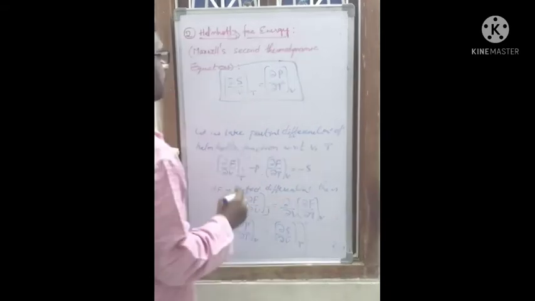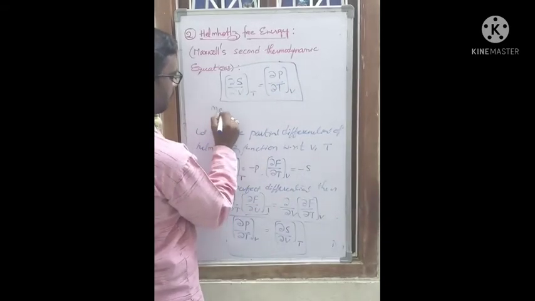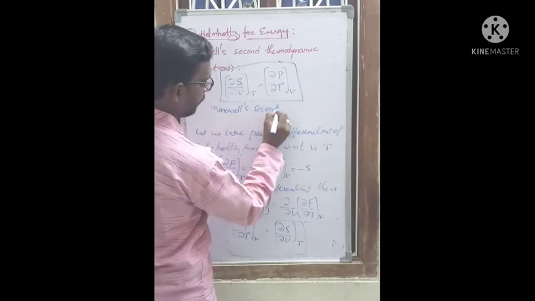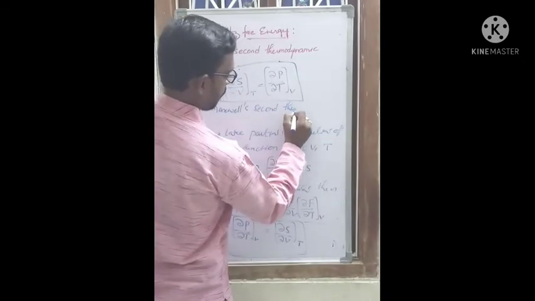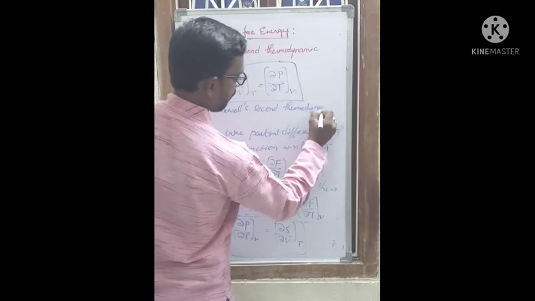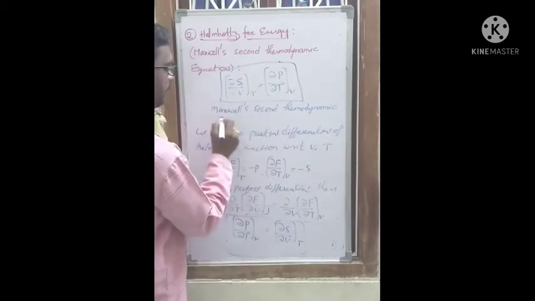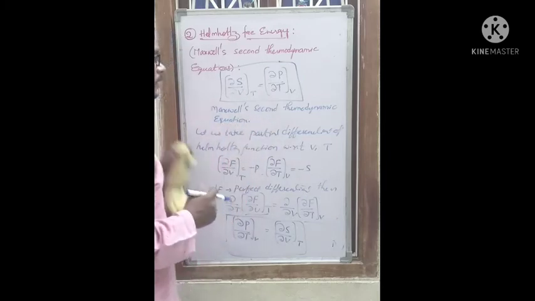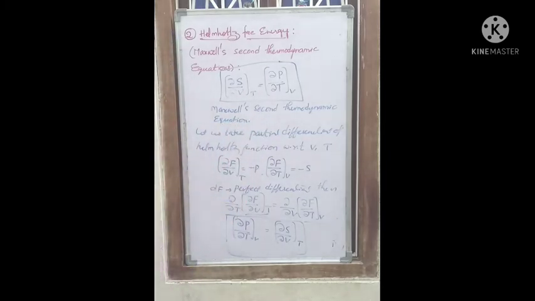This is Maxwell's second thermodynamic equation. You have to remember that equation: ∂S by ∂V at constant temperature is equal to ∂P by ∂T at constant volume.